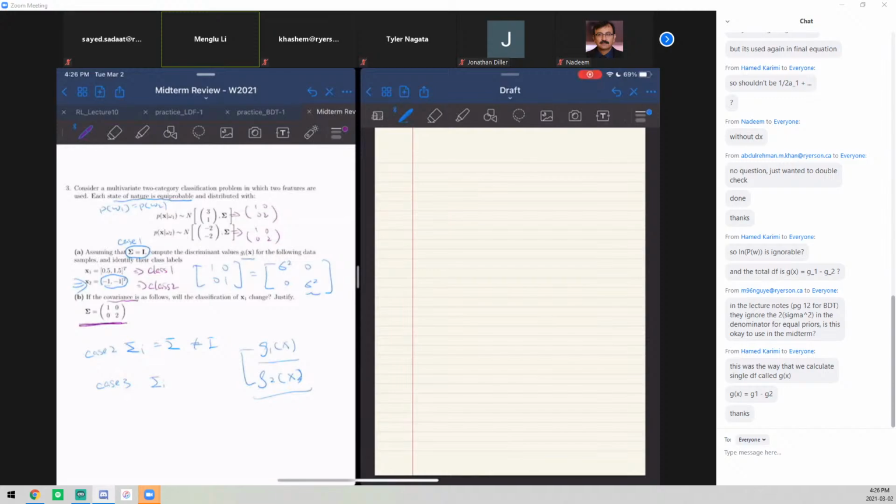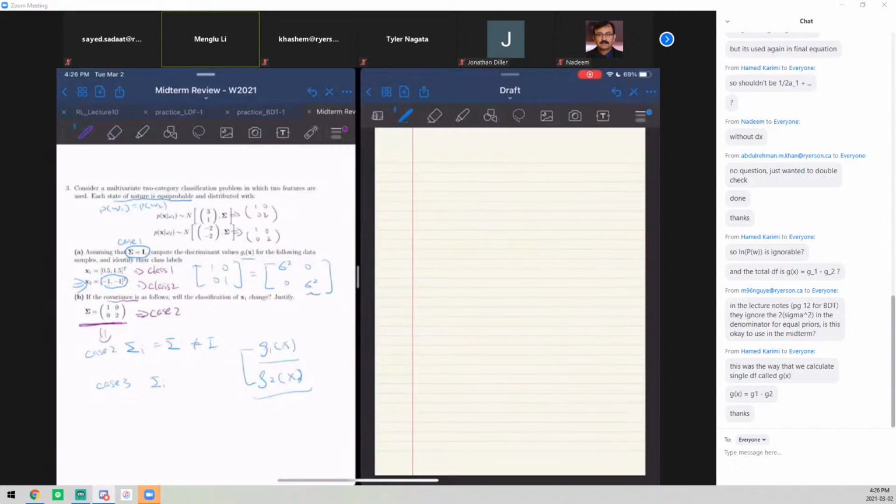Then it's no longer case 1, it's case 2. Both cases have the same covariance matrix. Sorry, it's case 2.